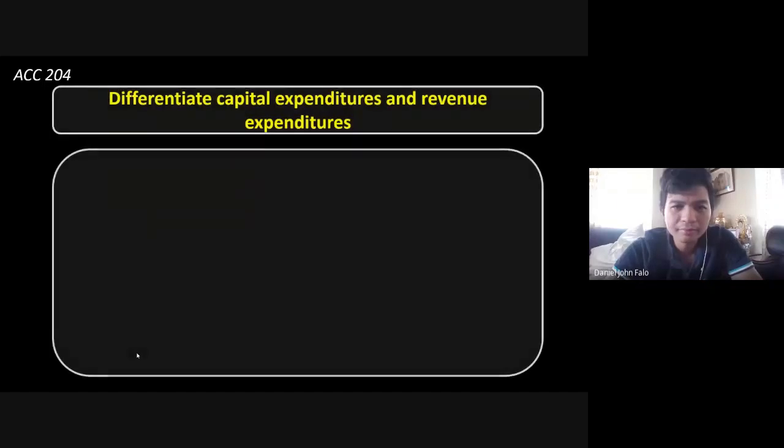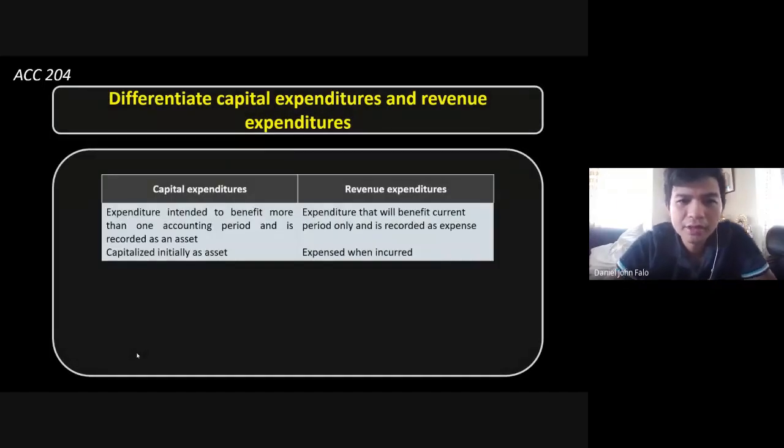And next, ito, differentiate capital expenditures and revenue expenditures. So this is one of the important classification of expenses or costs. So it is important for the cost accountant to classify whether the expenditure is capital expenditure or revenue expenditure. Why?